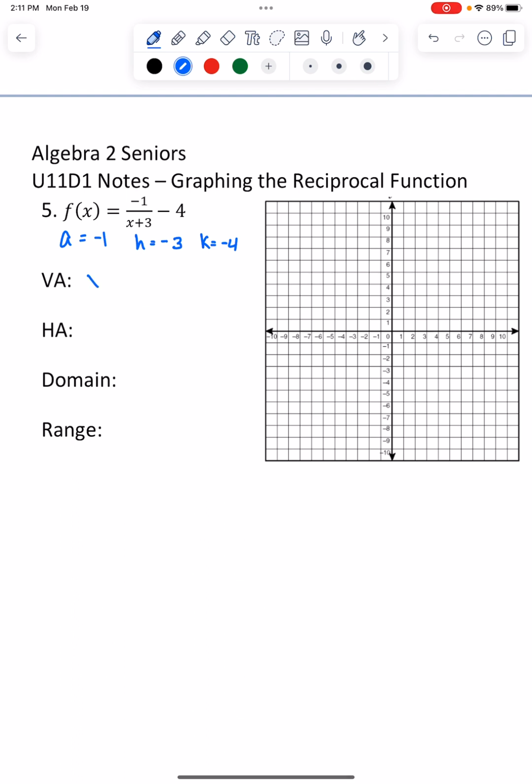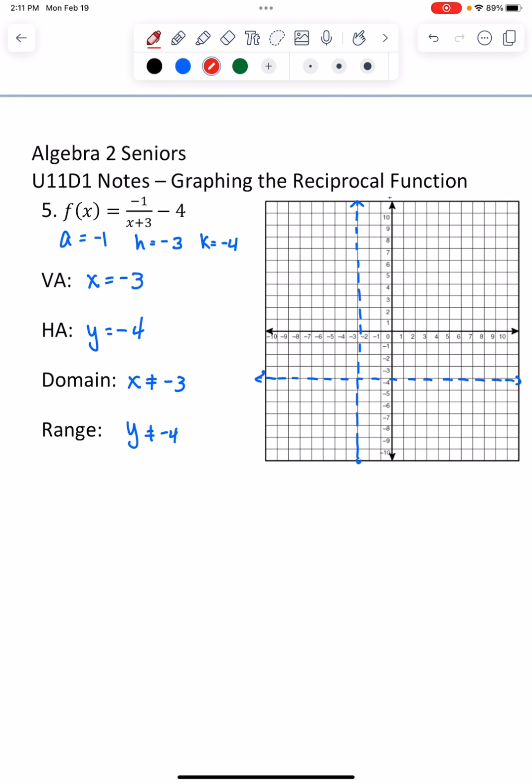So vertical asymptote, x equals h, y equals k, and then the domain, x cannot equal -3, range, y cannot equal -4. So as we put these on here, x equals -3, so vertical line at -3, horizontal at -4.